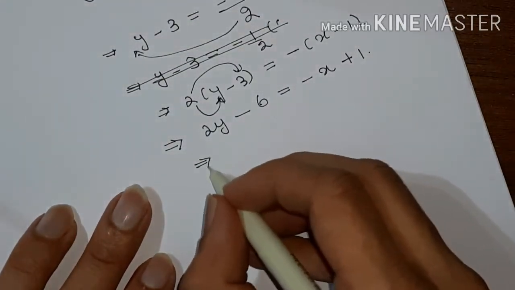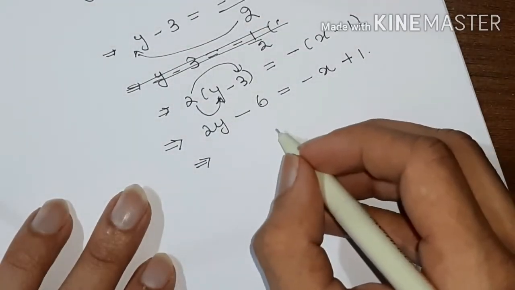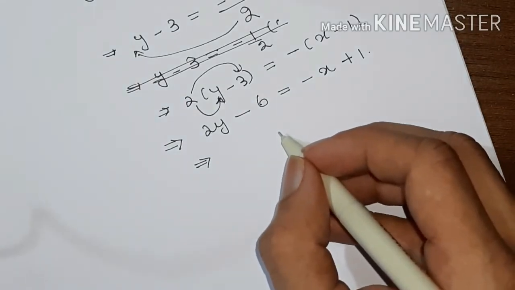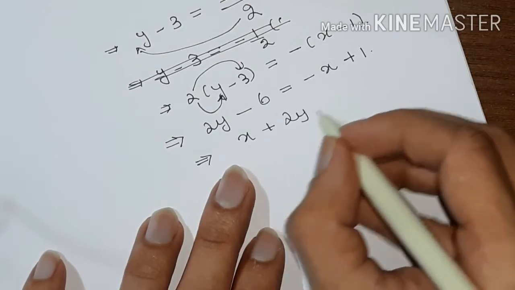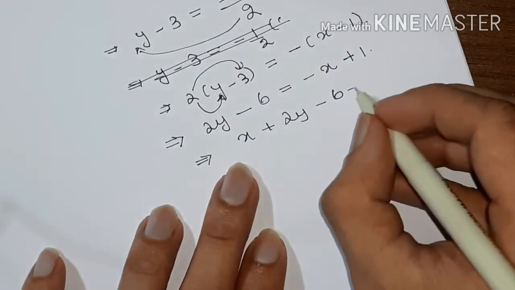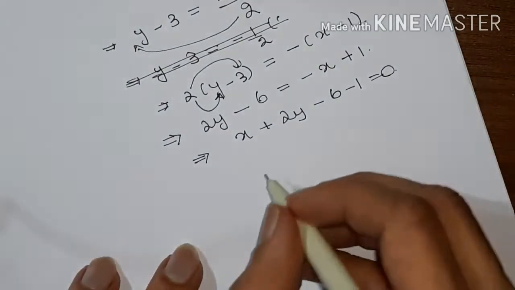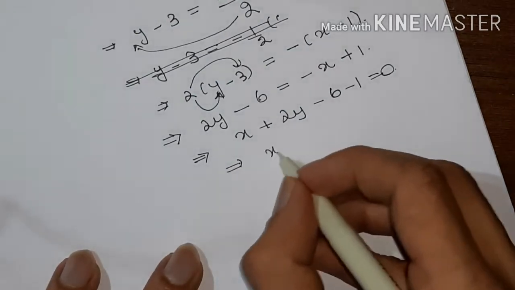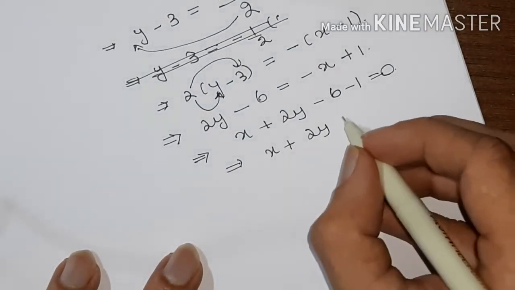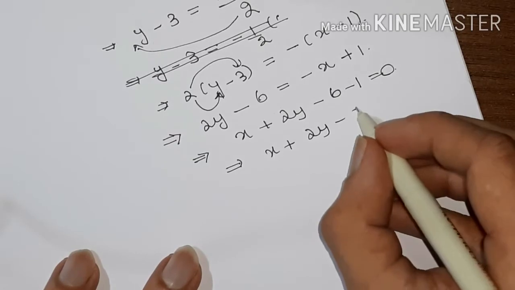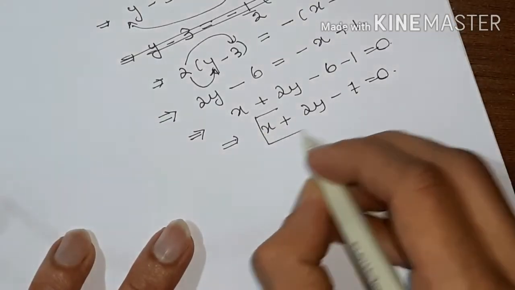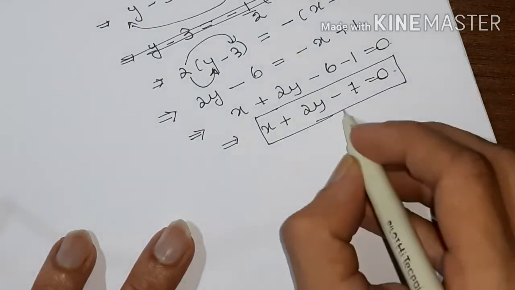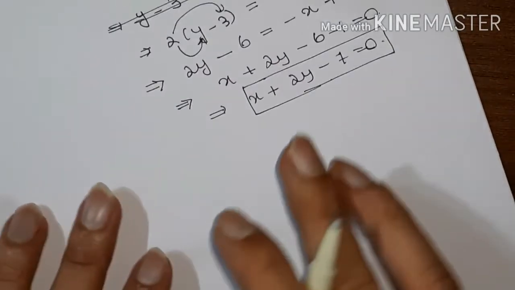If you rearrange this properly, what you will get is x plus 2y minus 6 minus 1 equal to 0. So that is x plus 2y minus 7 equal to 0. This is the required equation.